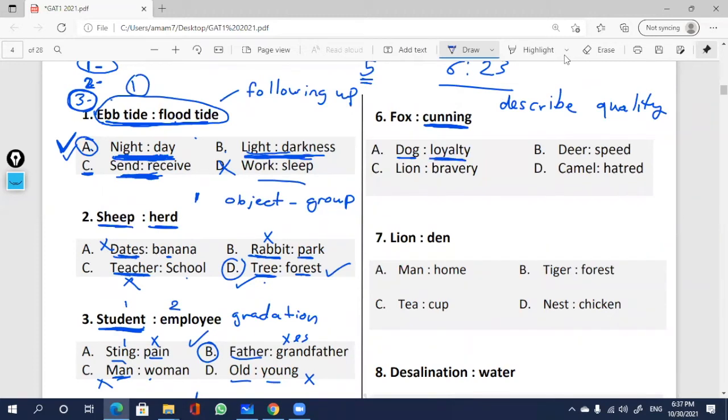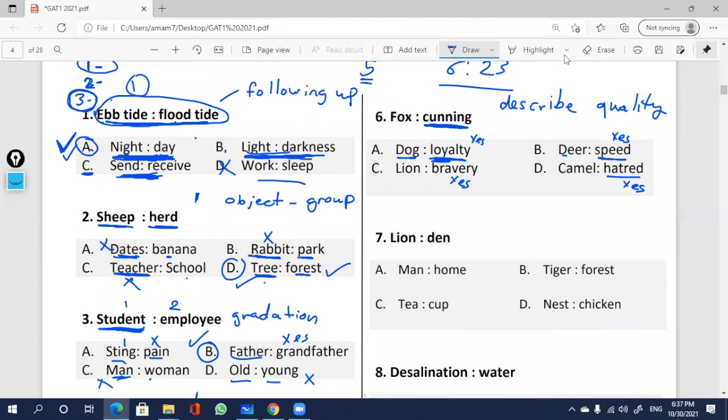Yes or no? Yes, it's quality also. Deer, speed, also quality. Lion, bravery, also quality. Camel, hatred, it's also quality, but then cunning is also.